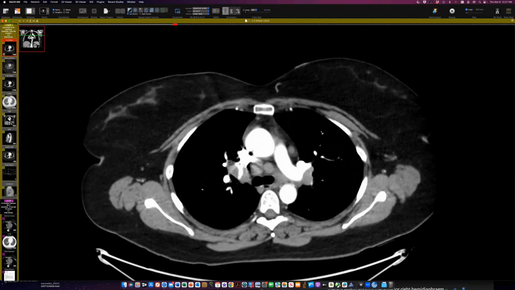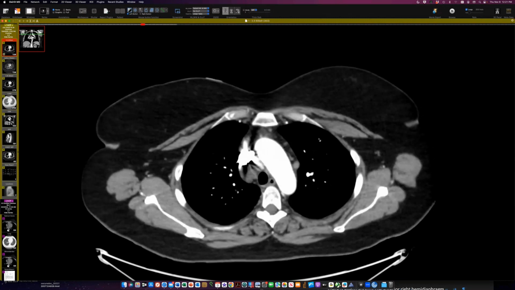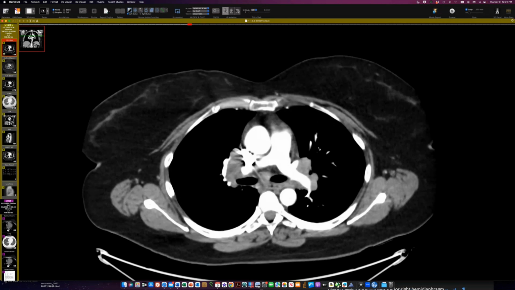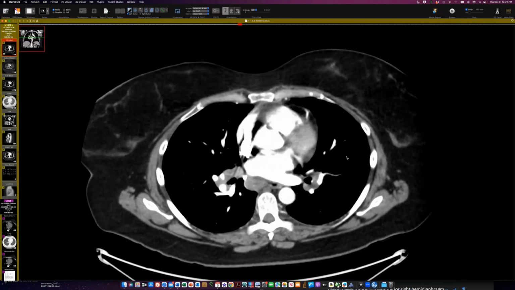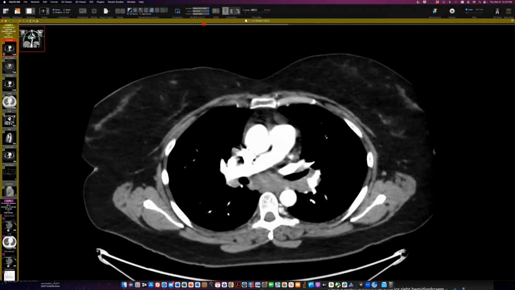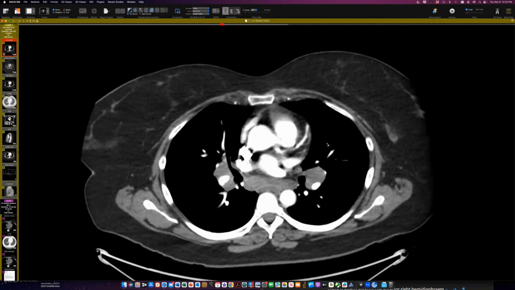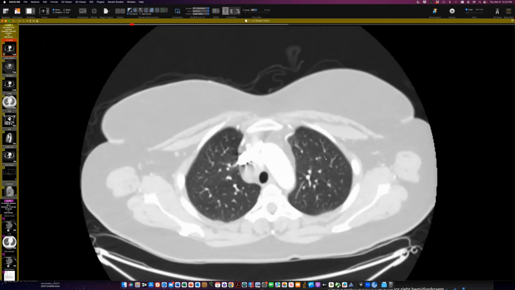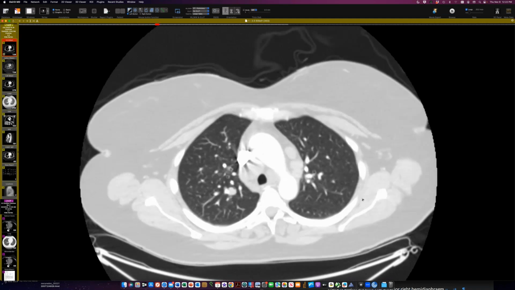Sorry about that. This person has a lot of lymphadenopathy that developed and was not there in 2021 on an earlier CT scan, but the current CT shows this massive amount of hilar and mediastinal lymphadenopathy. The lungs themselves are clear. This person is on Humira for inflammatory bowel disease.